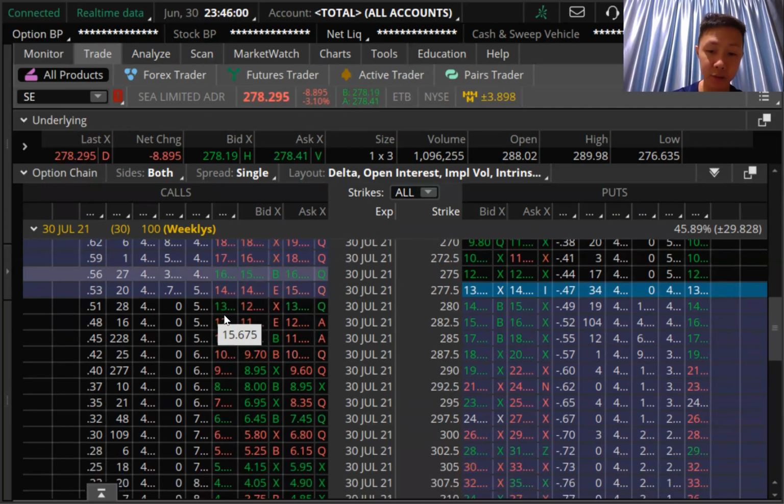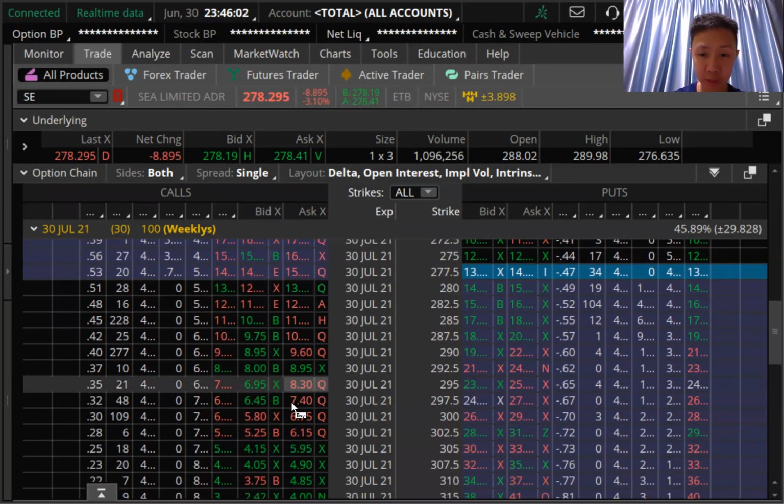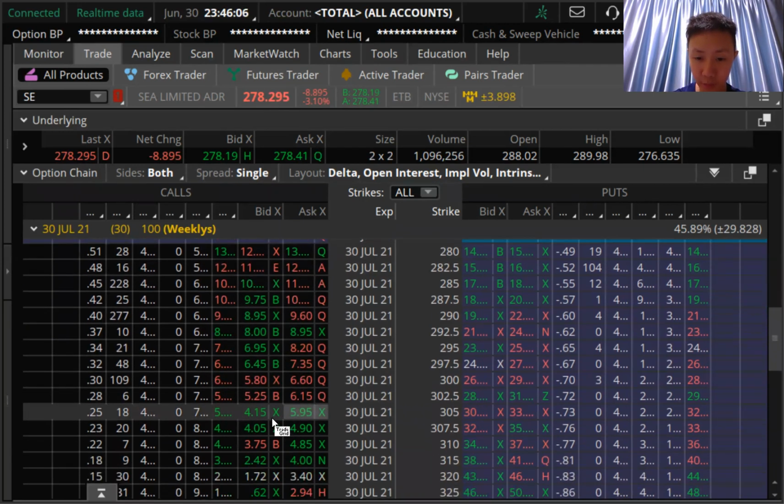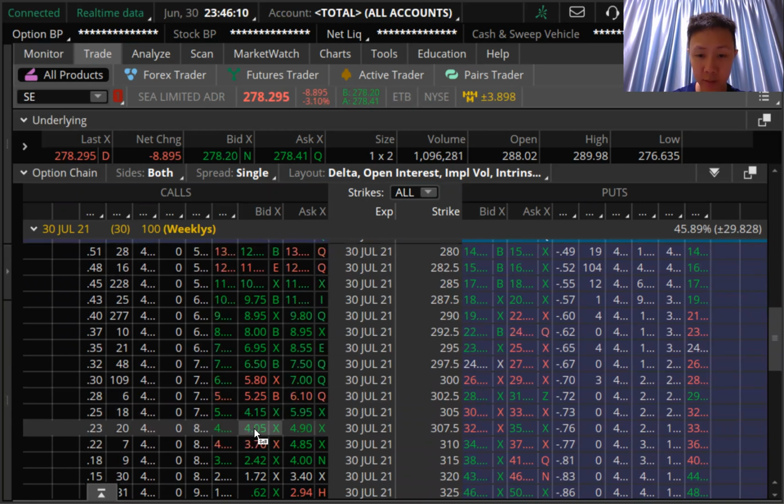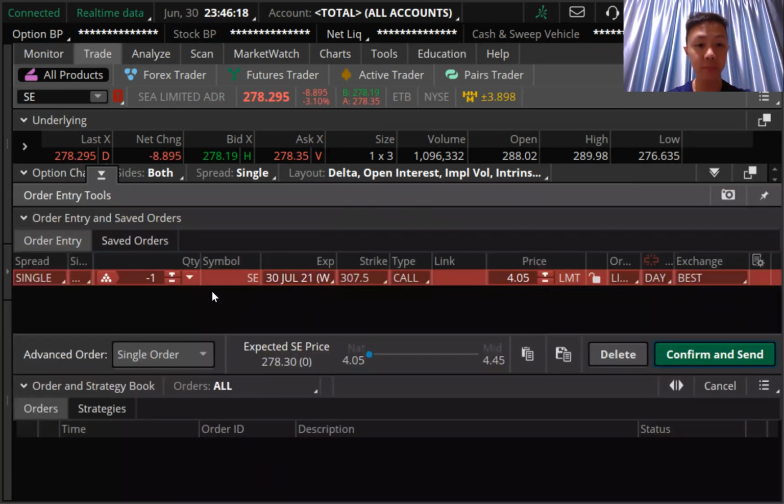So for example, 10% higher than right now is 307.5. So you click here under bid. Bid is sell call option. So we click here. You want to earn more premium, right? So we just move this to here.